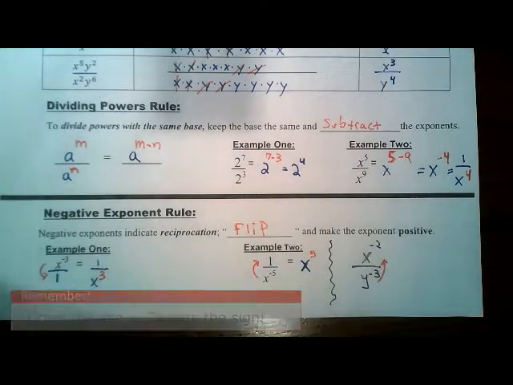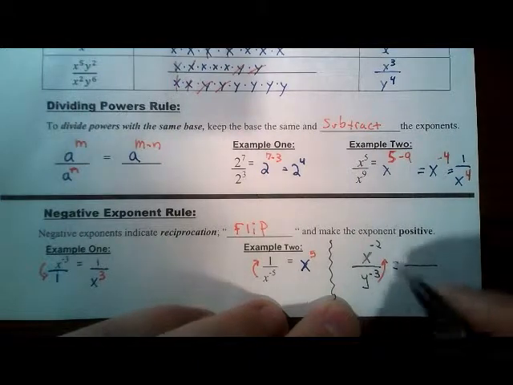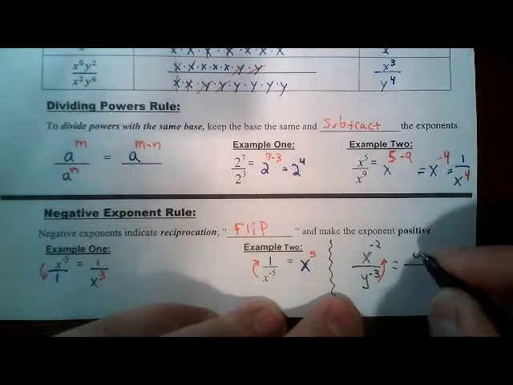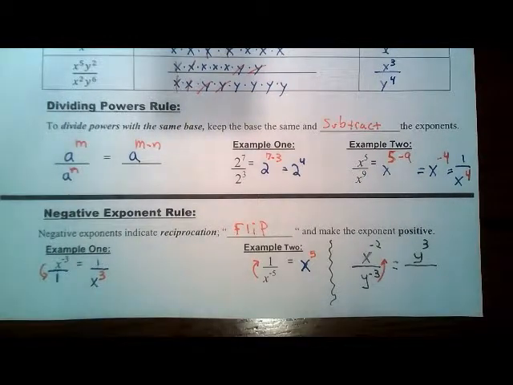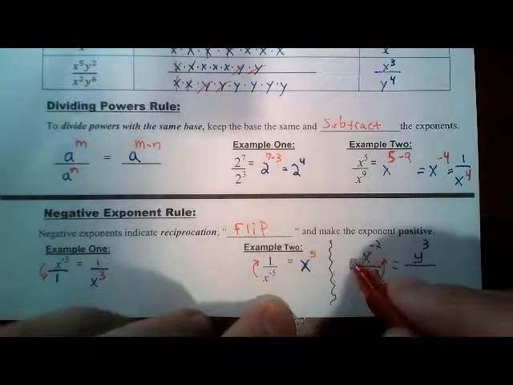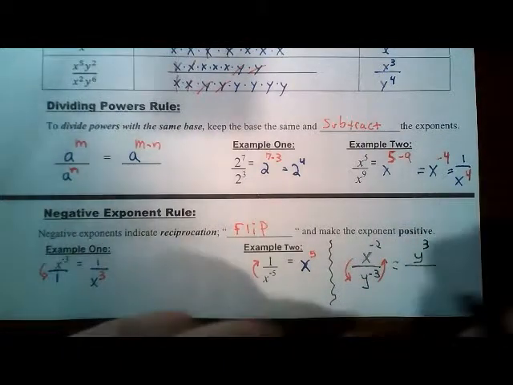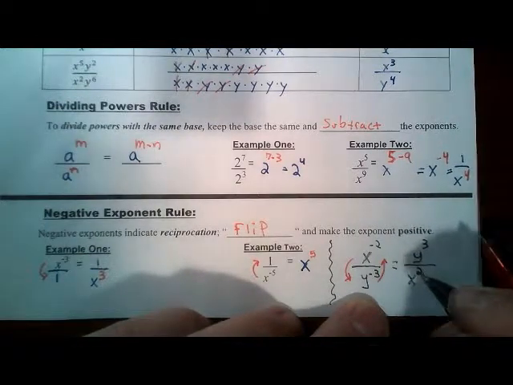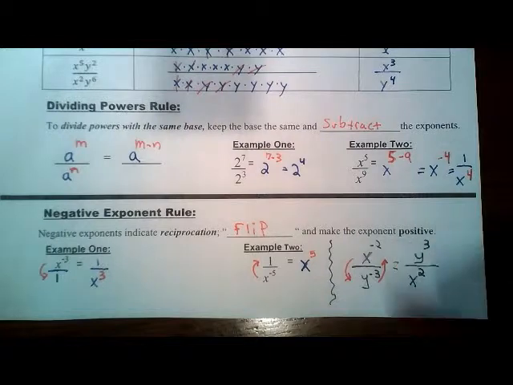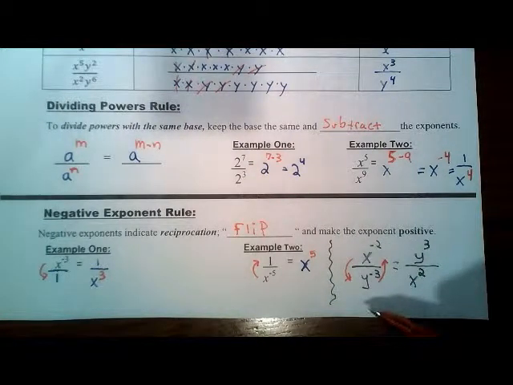So this y to the negative 3, if it crosses the line, so it's up here, and we change the sign, positive 3. X to the negative 2, cross the line, change the sign, so it becomes x to the positive 2. Okay, so they flip-flop, right? Things that were in the numerator come to the denominator, and we change it to a positive exponent.